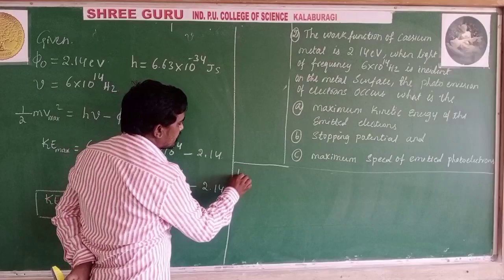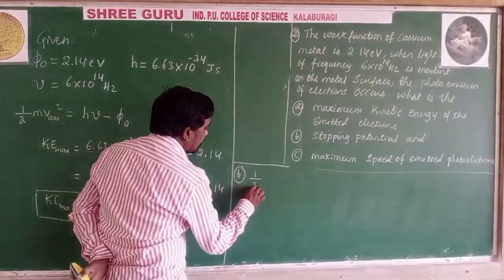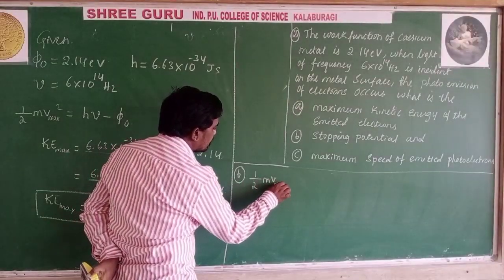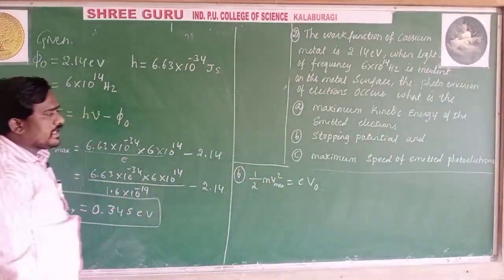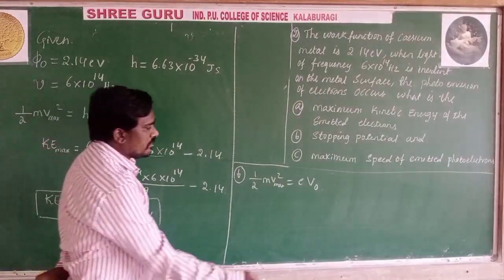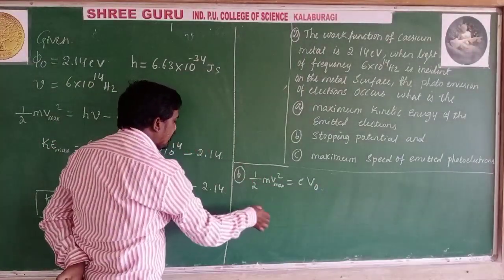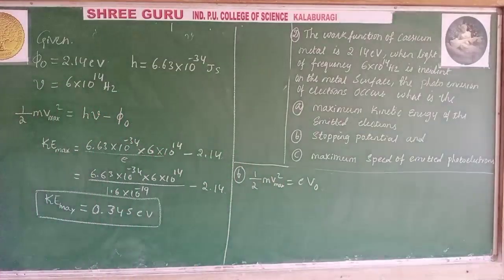Now come to the second one. What is the second one? That is stopping potential. Half m v squared, where this velocity is the maximum, is equal to e V naught. V naught is our stopping potential. Already we got the value of kinetic energy. e V naught is our stopping potential formula. Just keep in mind here, half m v squared we are considering as the maximum kinetic energy, that is e V naught.